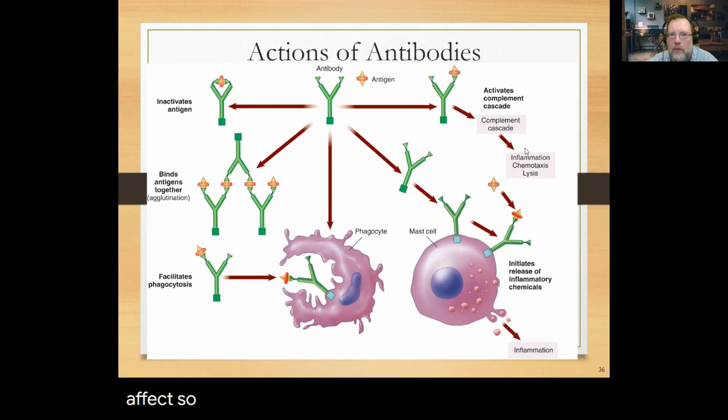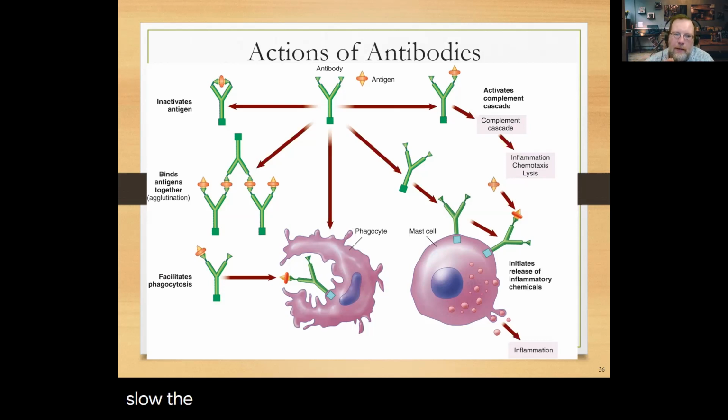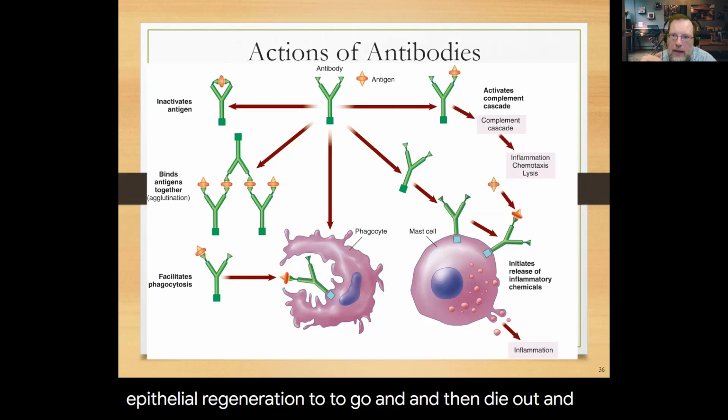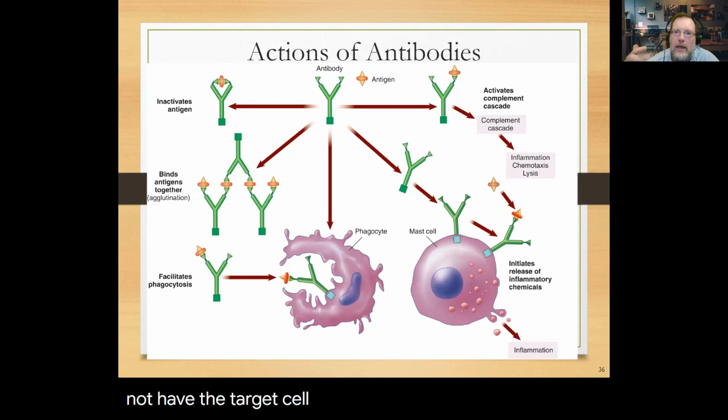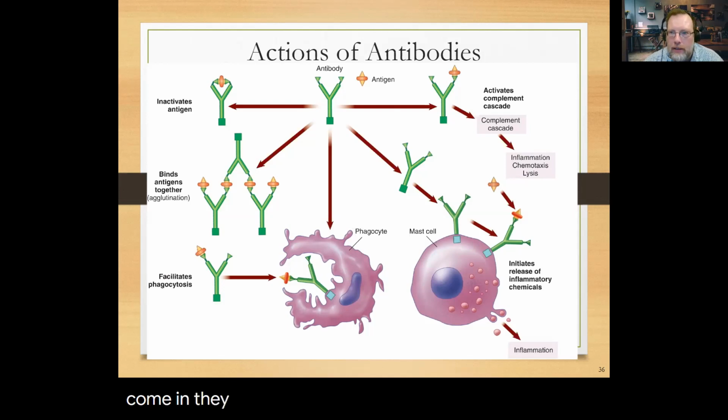So anyhow, we're trying to figure out how to stop or slow the adaptive immune third line of defense from kicking in, so we can allow that first line of epithelial regeneration to go and then die out and not have the target cell availability, waiting at 6-7 days, somehow delaying the third line of defense to come in. They think that might be an answer.